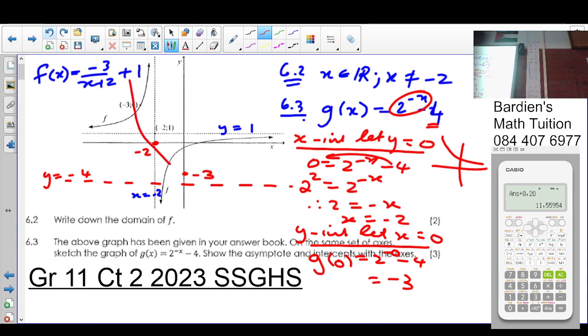Now I'm actually concerned if it's going through (-3, 4). Let's check. I'm going to put -3 in here. It's going to be 2 to the 3, which is 8, and 8 minus 4 is 4. So in other words, it's actually going through this point as well.